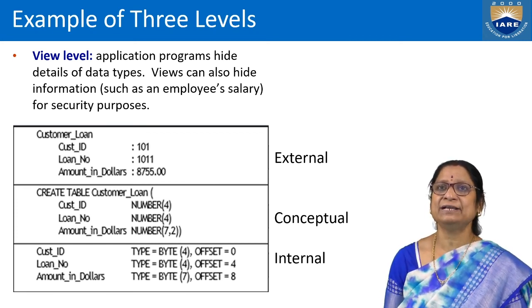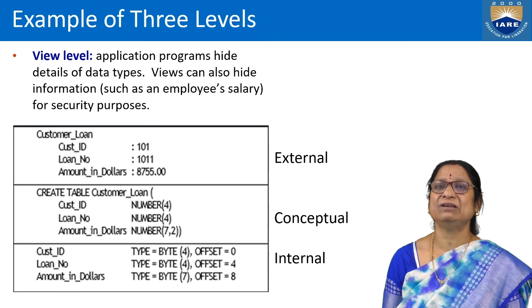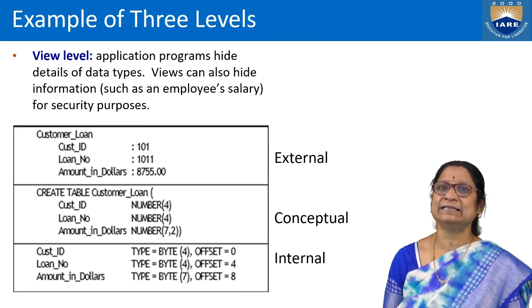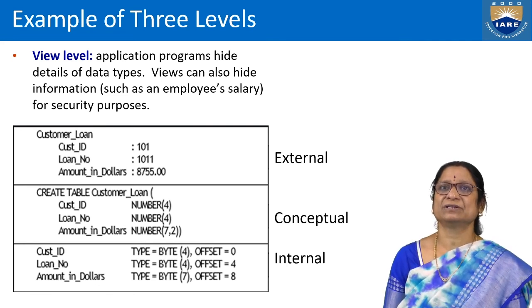This information is given according to their requirement by the database administrator, and whatever the application requirement may be, they will fulfill it using those names. That's all. So views can hide information such as an employee's salary.